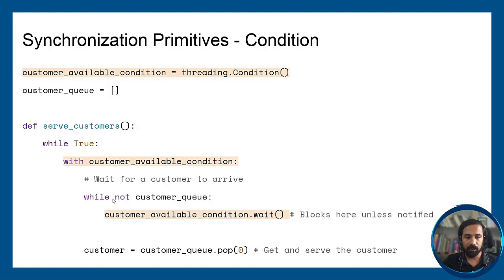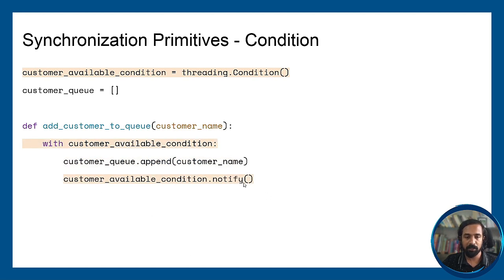Then if the customer queue is empty, we are calling the wait method on this condition object. This means that the execution waits here until another thread calls the notify function, which we have seen previously.